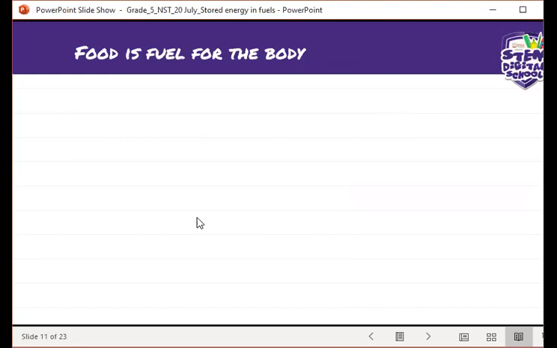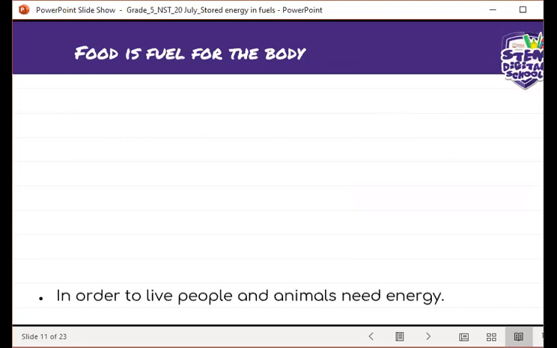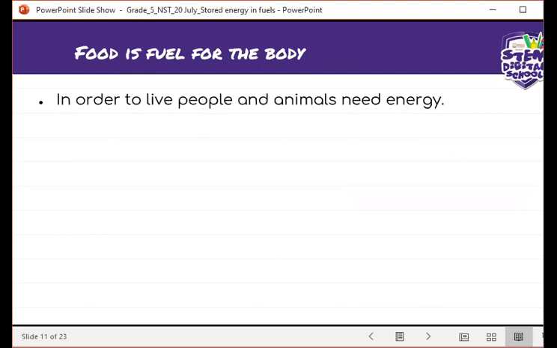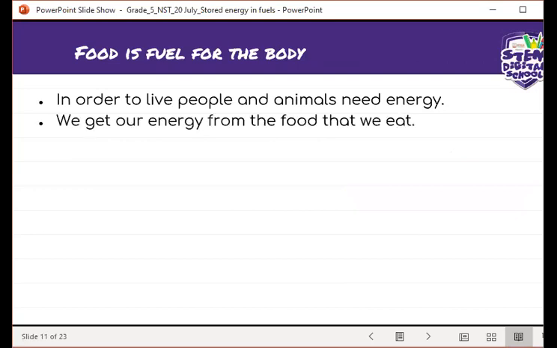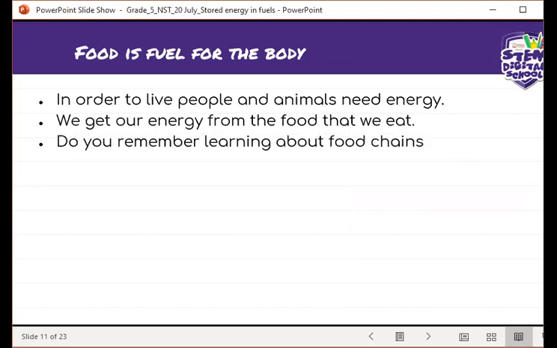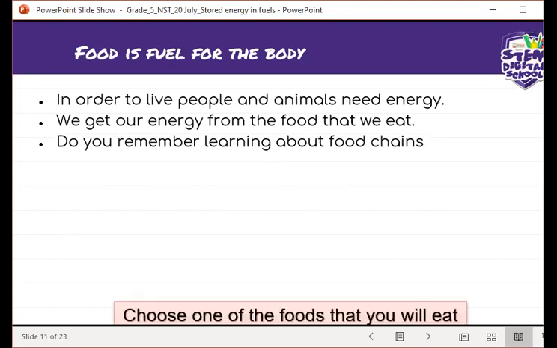Now we can go back to the human body, looking at food as fuel for the body. In order to live, people and animals need energy. We get our energy from the food that we eat. You do remember when we spoke about food chains, I think Karina also mentioned food chains in the beginning, right?